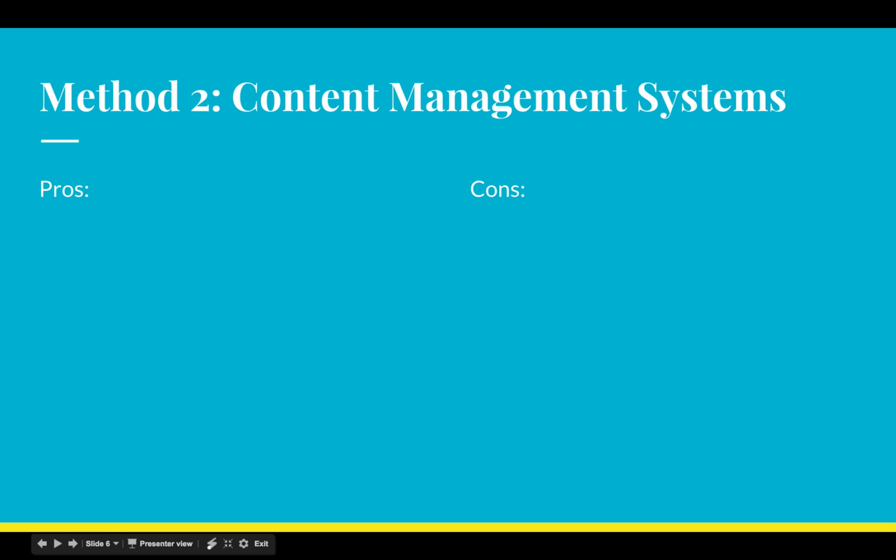The second method we will be going over is to use a content management system. A content management system is a computer application that supports the creation and modification of digital content. Some of the pros are that it offers more flexibility in making changes than website builders.